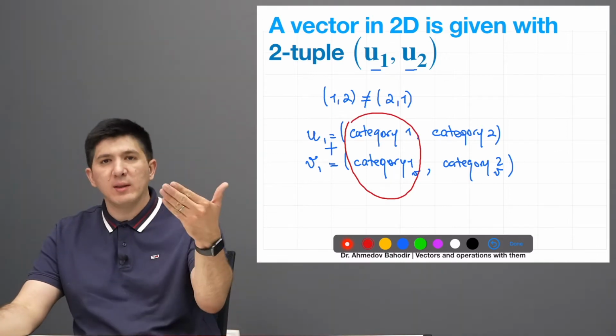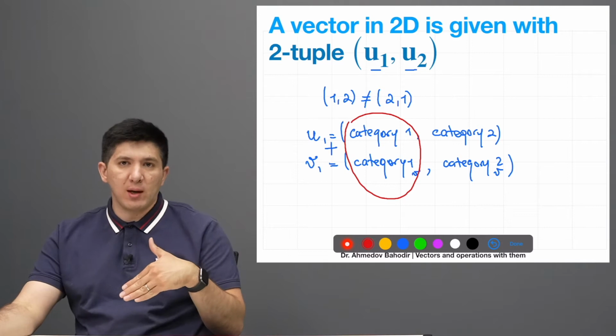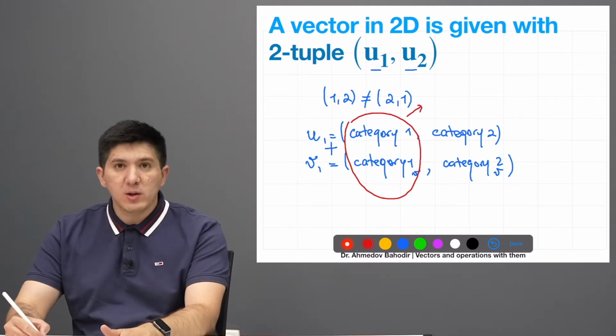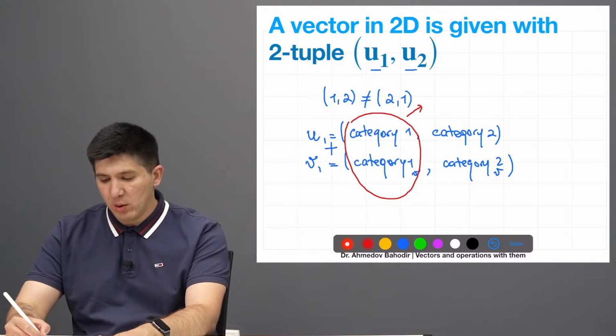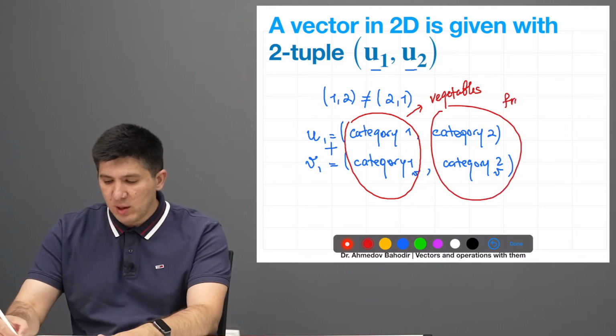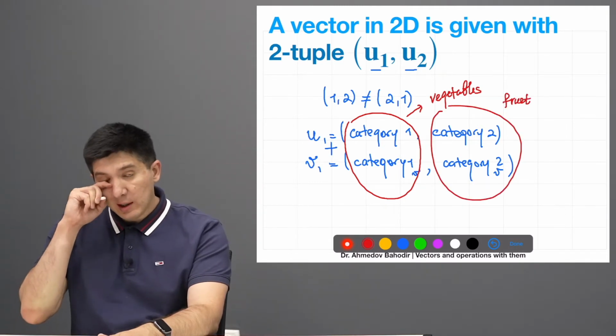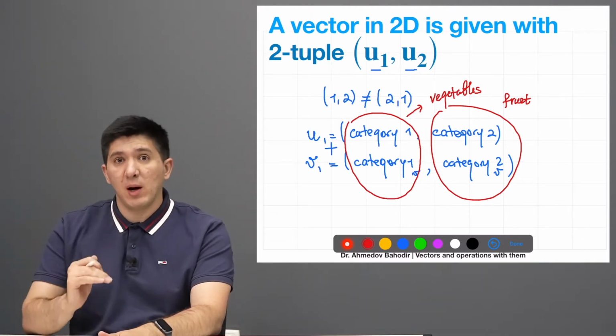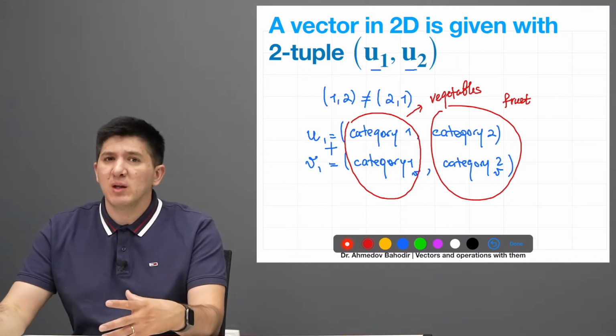Again, category 1 can be some home supplies or vegetables, and category 2 can be fruits. So you can add the two vectors by the categories, that is, by the positions. This is what the two-tuples mean.